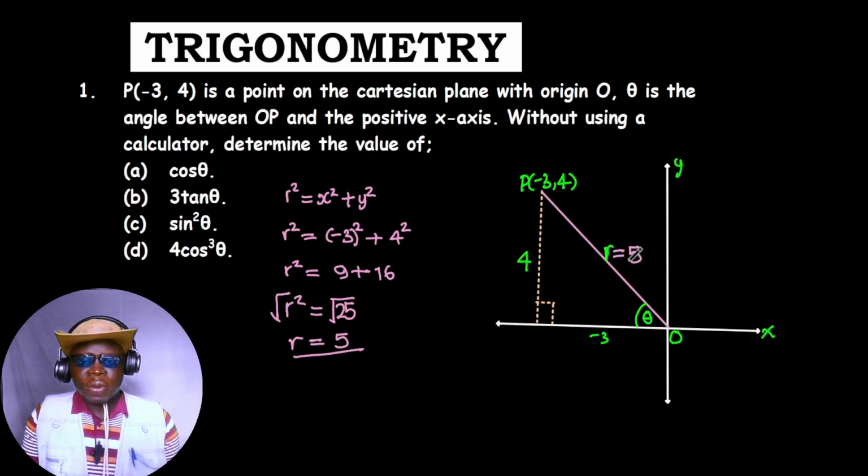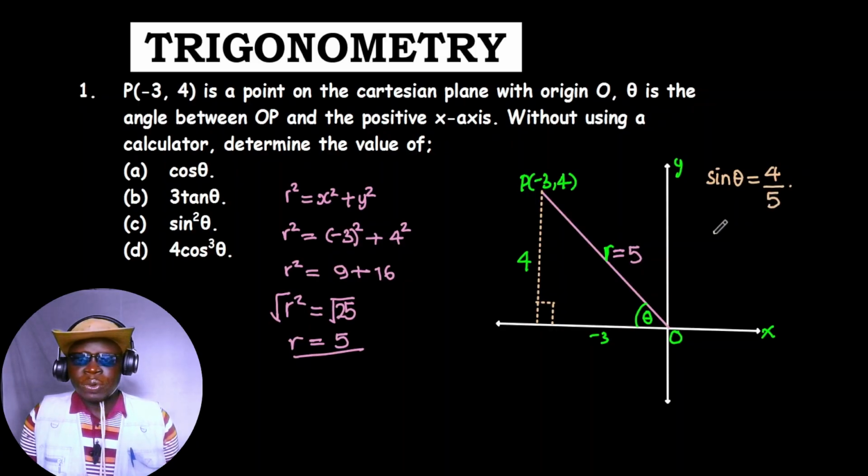Now, since we know our hypotenuse, we can go ahead and start answering this, but I need to first list them here. Sine of this angle theta is given by always opposite. For our case here, the opposite is 4 over the hypotenuse, which is 5.